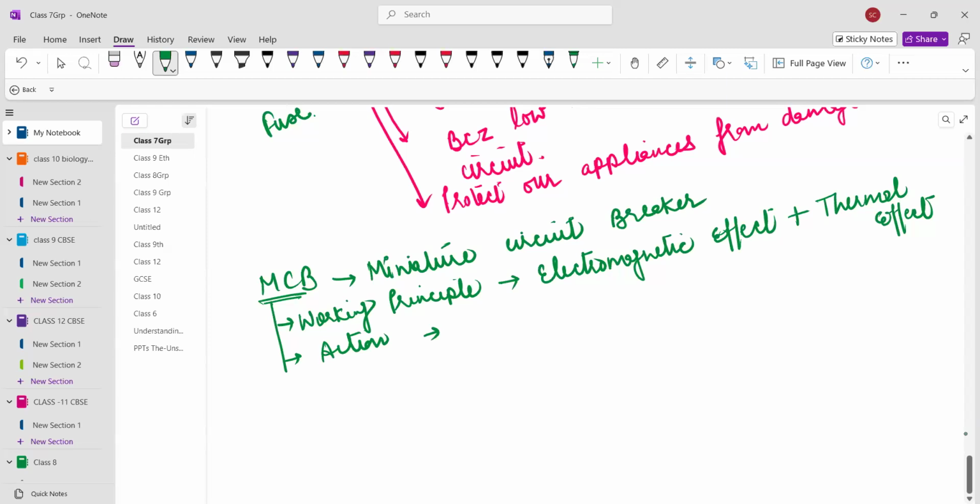So how does it act in case of overloading? It automatically trips off.